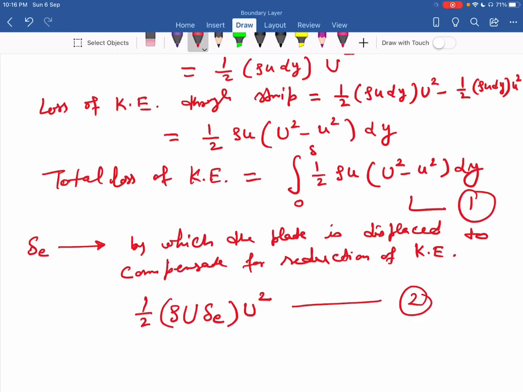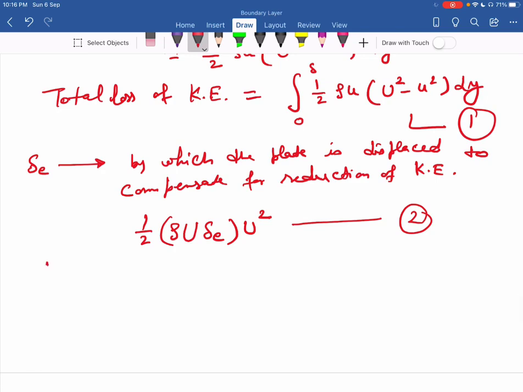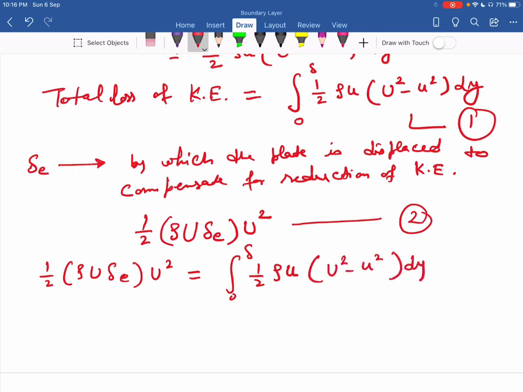So I equate equation 1 with 2 again. That is 1 by 2 rho U delta E U square equal to the integral from 0 to delta of 1 by 2 rho u (U square minus small u square) dy.